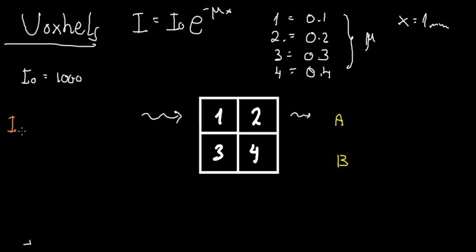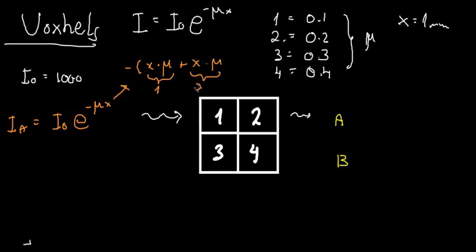So the intensity at A is given by this equation: my initial intensity times e to the minus mu x. Looking at minus mu x, I'm combining square 1 and square 2. So it's minus the distance of square 1 times the attenuation coefficient of square 1, plus the distance and attenuation coefficient for square 2.